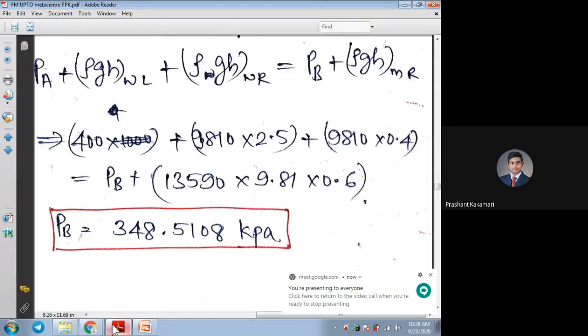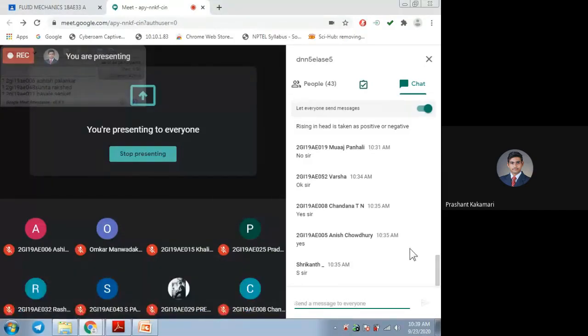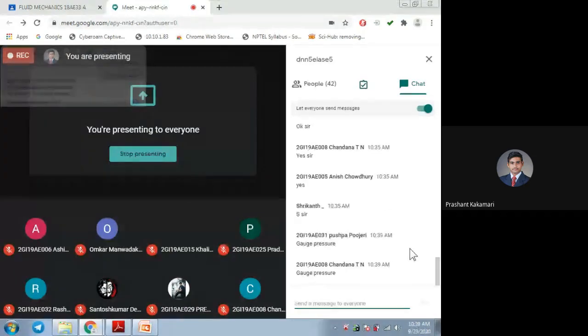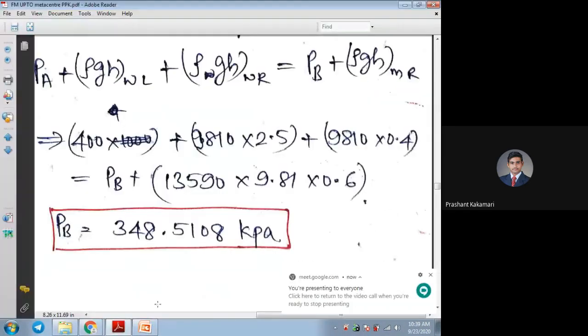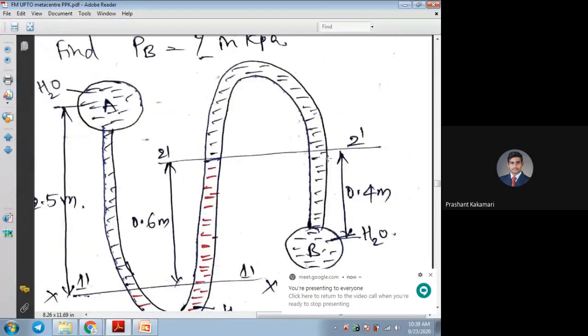Any replies? Yes, very good. This is the gauge pressure because here the pipe is not kept open to the atmosphere, so there is no atmospheric pressure acting.